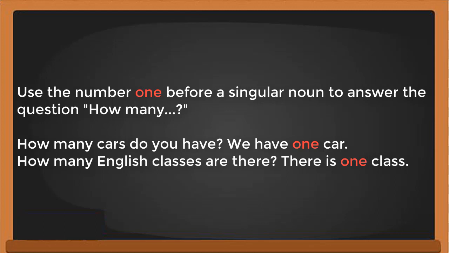We have 1 car. Okay, if you are asked with how many, and your answer is a singular noun, you have to use the number 1. How many English classes are there? There is 1 class. Okay.